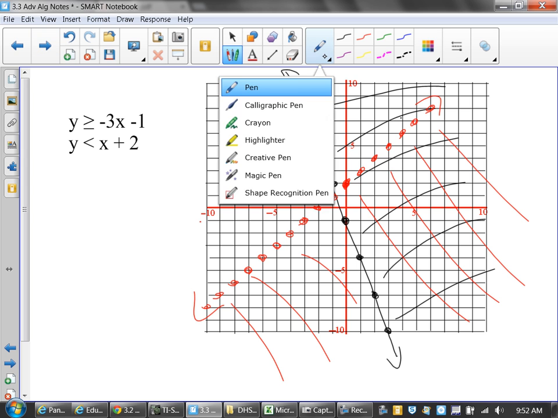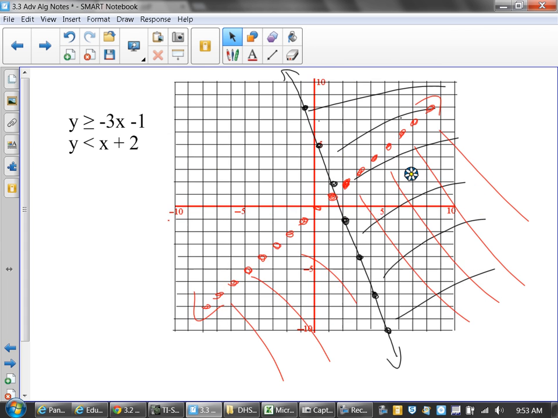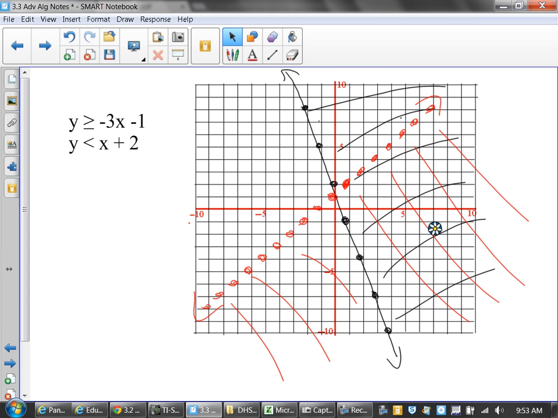So as I stated earlier, any point you pick that's in this double shaded region, way out here, would be a true statement for both ordered pairs or both inequalities.